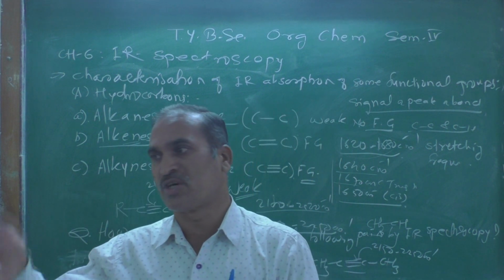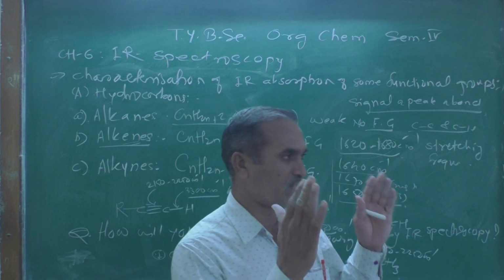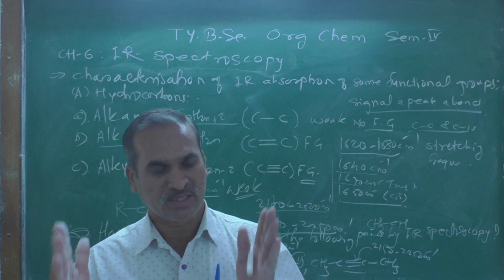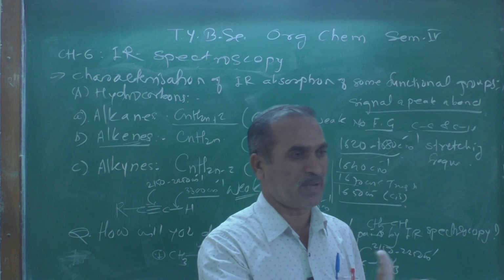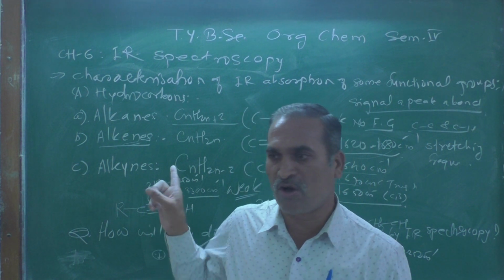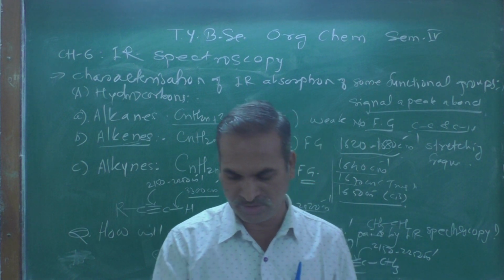You just mention the approximate values of that particular functional group. So this is the way of explanation of such types of questions.